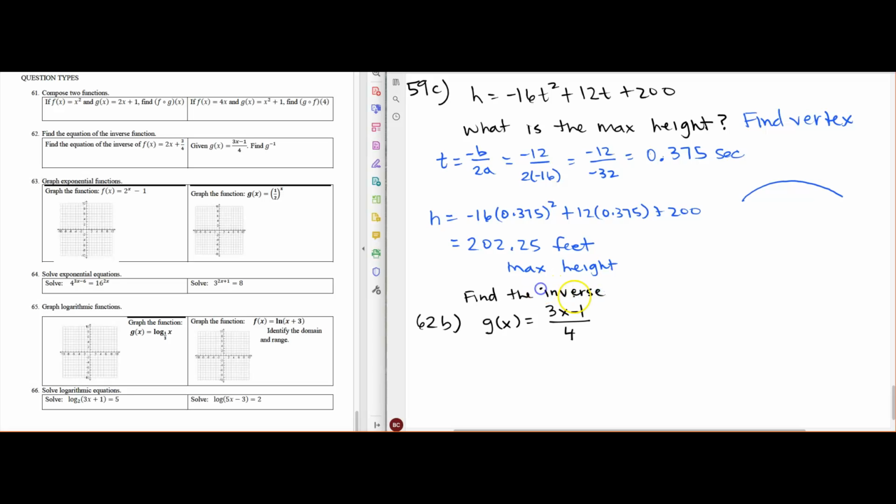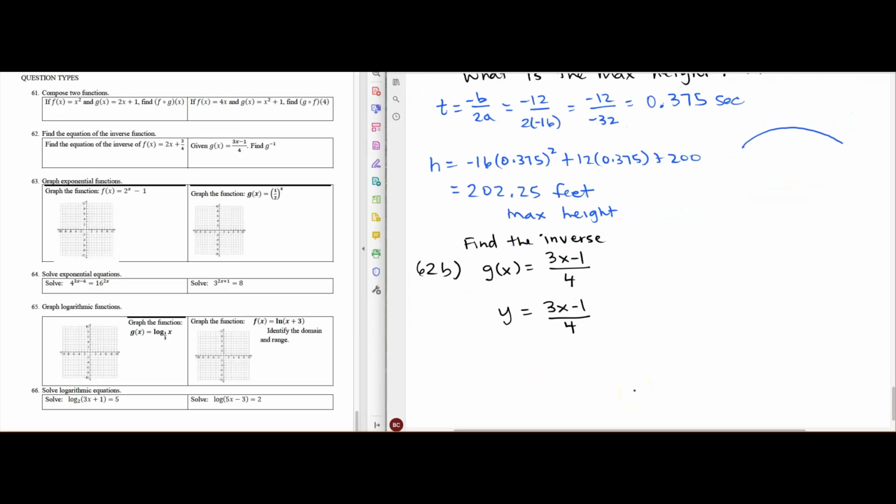So when you're given a function like this, there are 4 steps that you should follow to find that inverse. The first step is change your function notation to y, right? So we're going to change that g of x to y equals 3x minus 1 divided by 4. All right? And then we're going to switch our x's and y's.